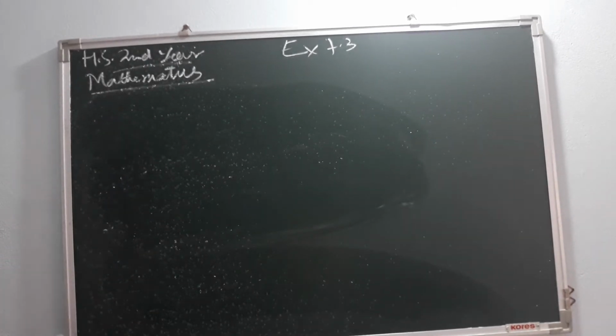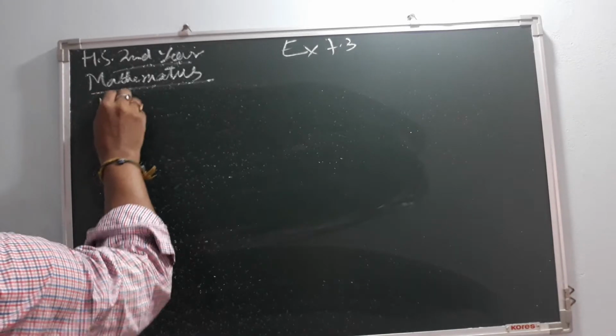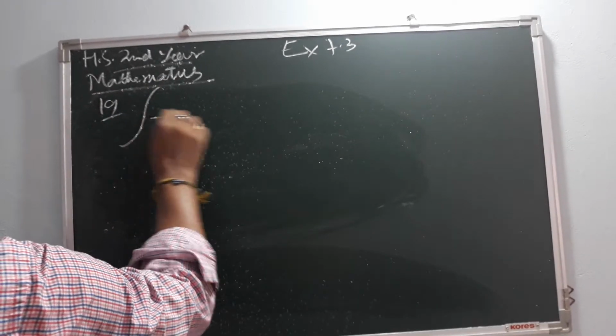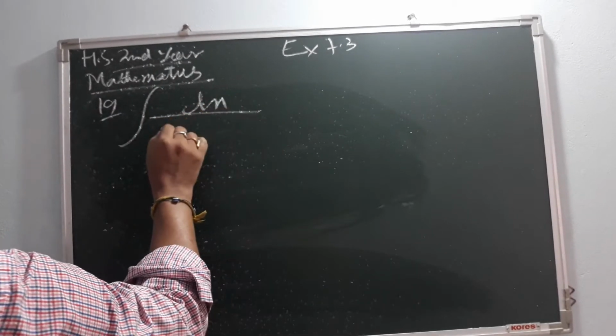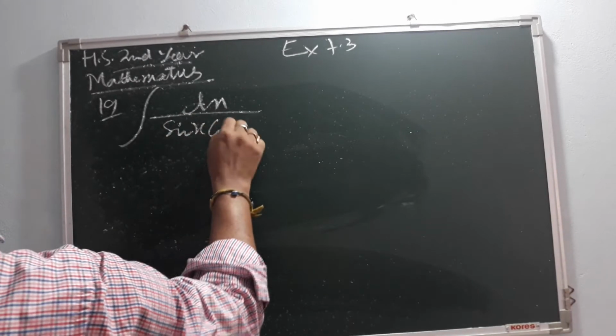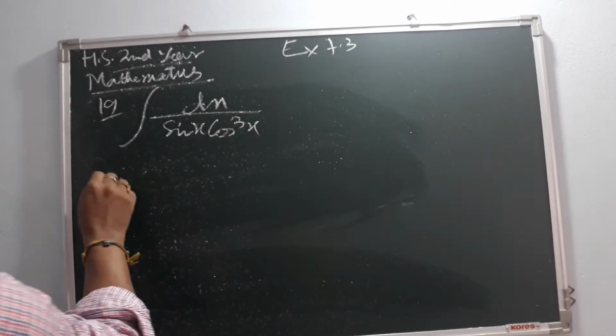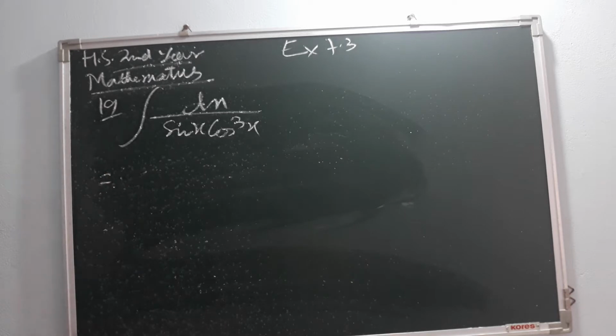Now question number 19: dx divided by sin x cos cube x. Here, how to do it? When you get this type of sum, automatically we will think what we can do for this one. So many ways we can go.